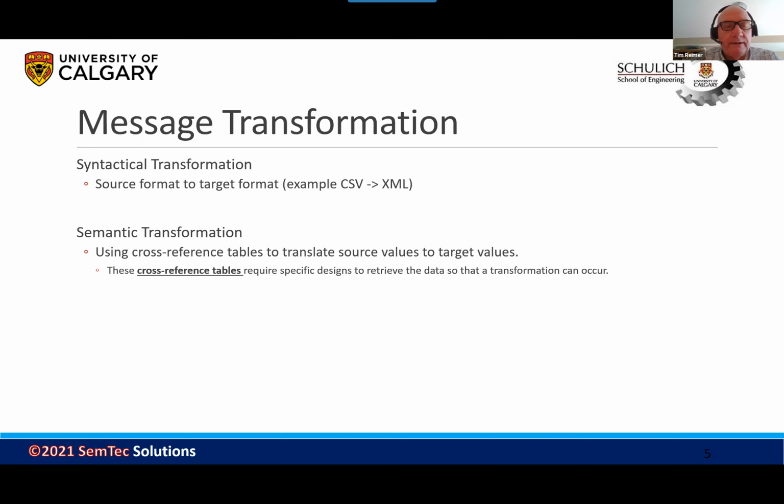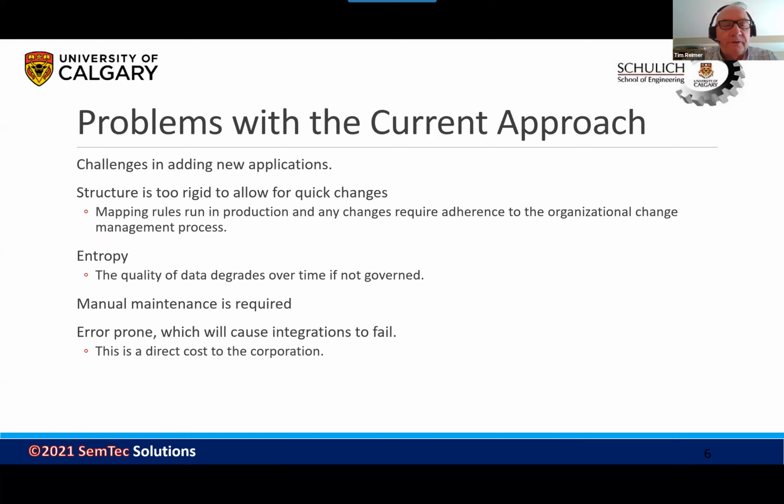But in the semantic area, there's still a lot of work to be done, and that is where our research is focusing. The current problem with semantic transformation is that we are dealing with structures that are just too rigid, right? We basically have a value coming in and a value going out.